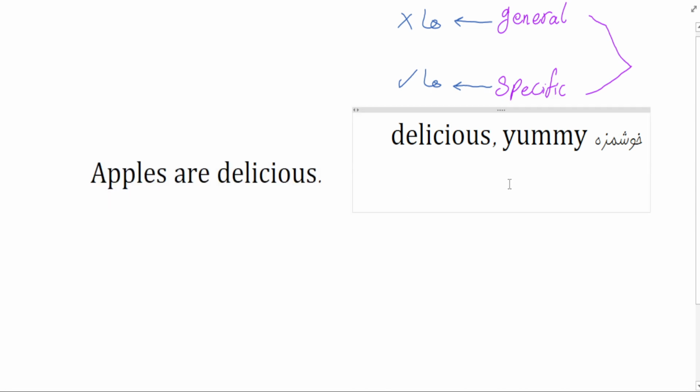I'm talking about all apples, those grown in Iran, the United States, Europe, wheresoever. This is not a specific case. I'm meaning it generally. I'm not limiting my domain.